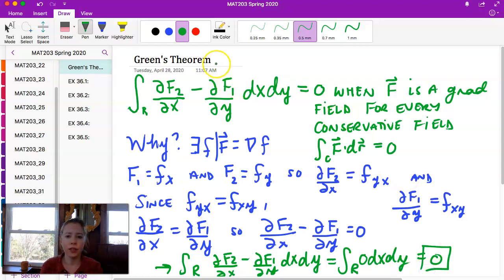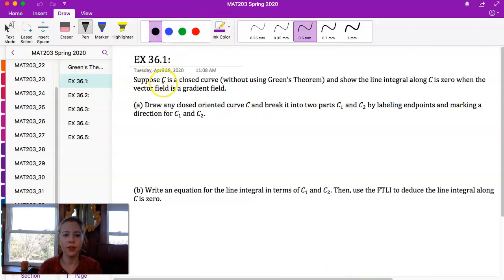And one more thing to note, this piece in here is known as the scalar curl. That's the definition of it. So now let's move on to our first exercise. Let's suppose C is a closed curve, and without using Green's theorem, we're going to show the line integral along C is 0 when the vector field is a gradient field.